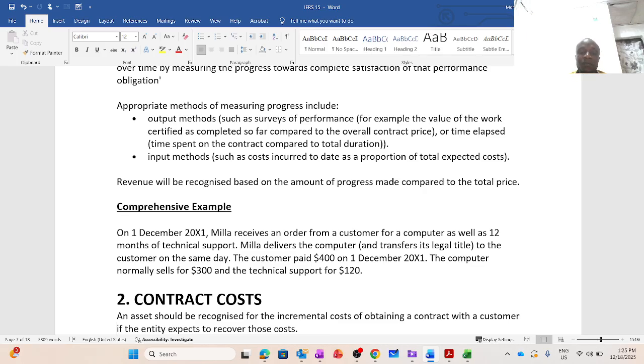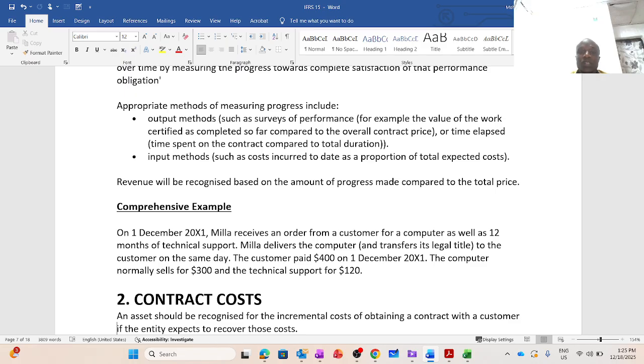Stage 3: we need to identify the transaction price, which is 400. Very simple. Stage 4: we need to allocate the transaction price. For the computer, we are going to use 300 divided by 420 total, multiplied by 400, which is the transaction price for the combined product.